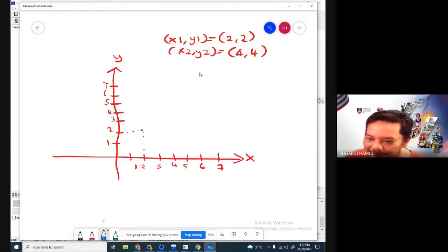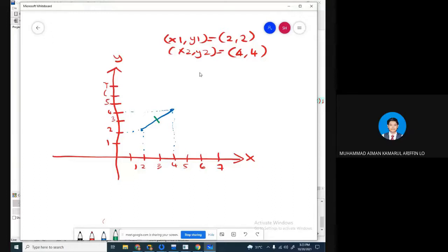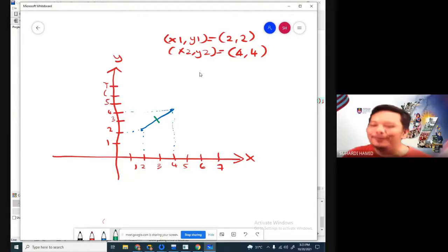Okay, this is it. That's 2, 2. And 4, 4. And the line is here. This is the line. You want to find the midpoint. And the midpoint is denoted by that. That is the midpoint, somewhere thereabout. Isn't it? Yes.